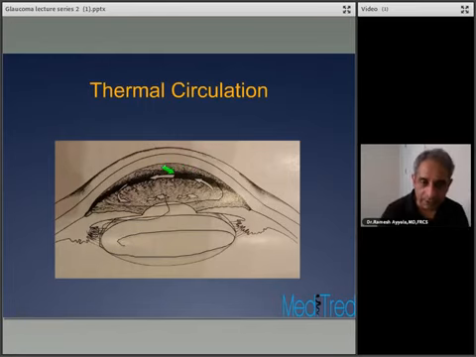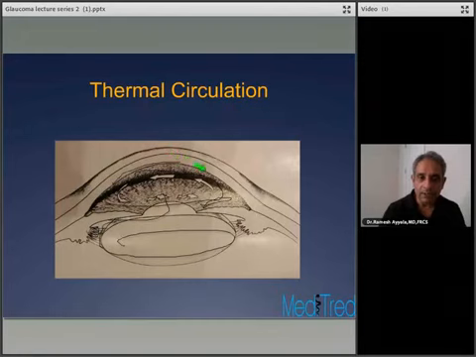There is blood flowing in the iris, which means that the iris has a higher temperature, whereas the corneal endothelium here, the inner portion of the cornea, has no blood, which means that it's cooler. So you have warm iris right here and cold cornea right here. And when you have a fluid such as the aqueous circulating, come in contact with the warmer surface, which is the iris surface, it's going to get warm, and warm liquid, what does it do?